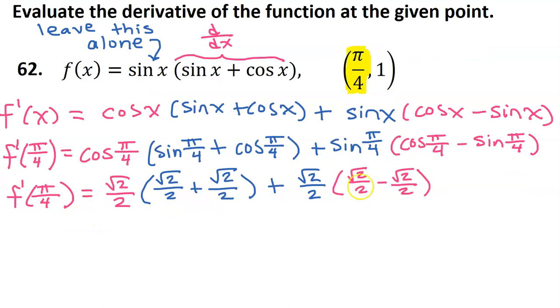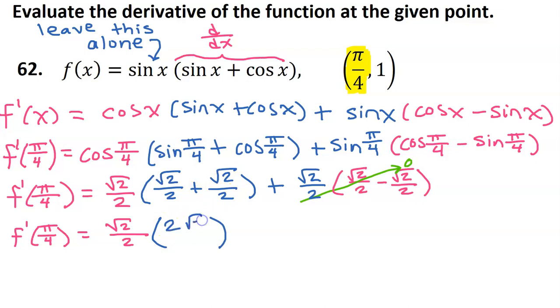So we have this. But notice at the end here we have radical 2 over 2 minus radical 2 over 2. So this is 0, which will make this entire term have a value of 0. So we can disregard that. But if we add radical 2 over 2 plus radical 2 over 2, that is 2 radical 2 over 2.